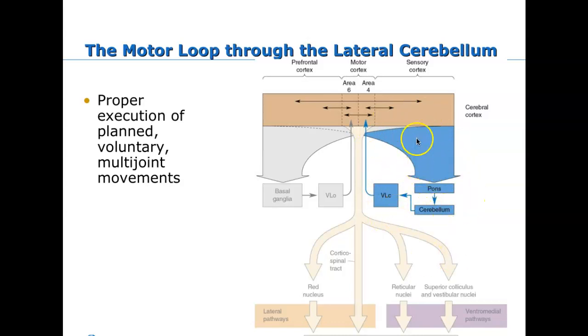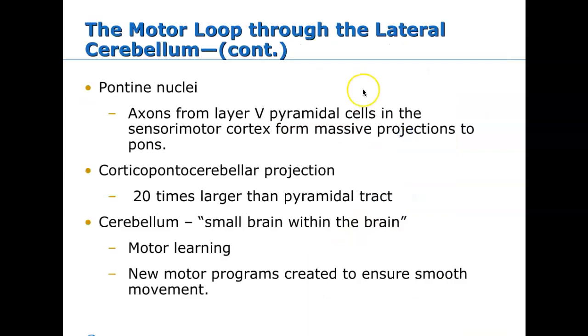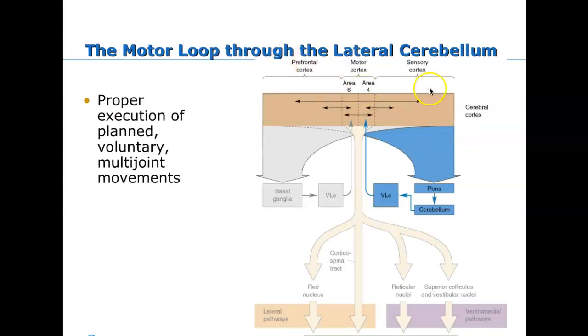Okay, and the cerebellum, again, we're going to deal with the loop that is going to get input from the cortex, various areas of the cortex. The input is going to be delivered via pons, because that's where the cerebellum sits, on the cerebral peduncles.